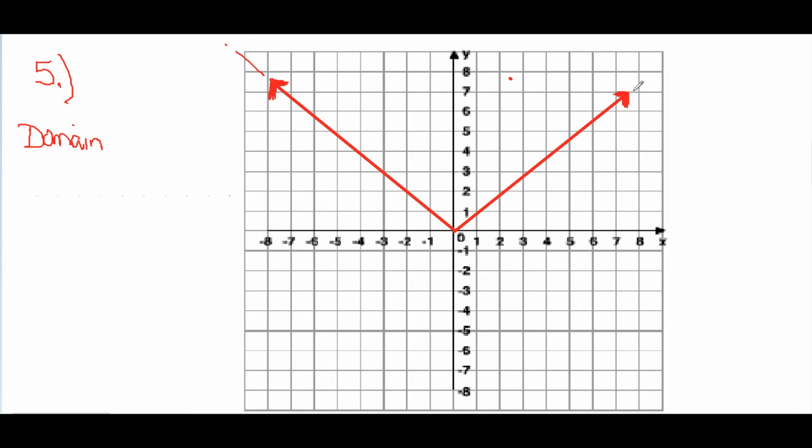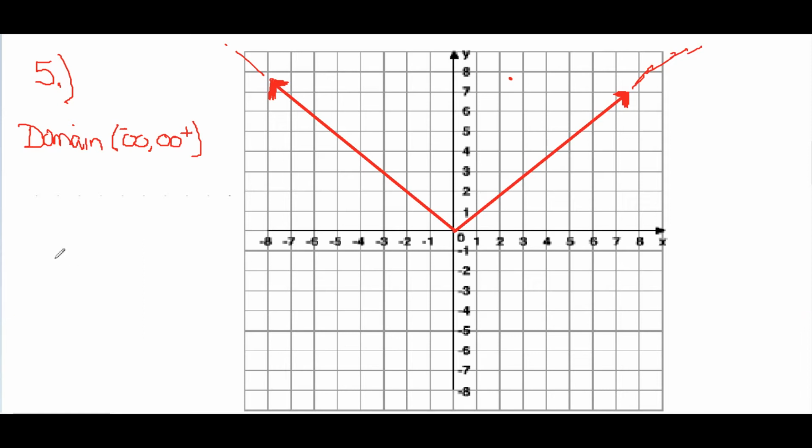This arrowhead indicates this line is just going to go continuously to infinity both to the right and to the left. So that indicates that this graph has a domain of -infinity to +infinity, enclosed in parentheses. All the x values are encompassing this graph here.